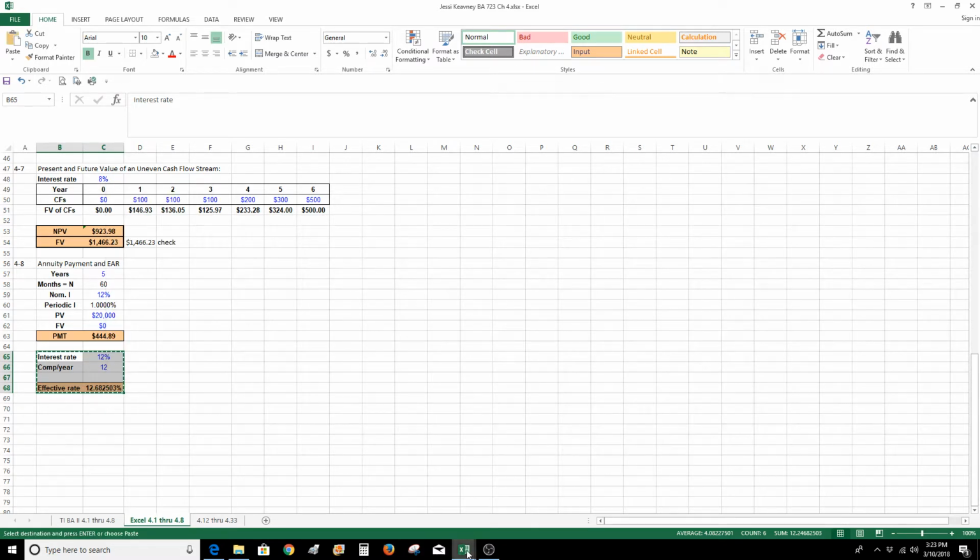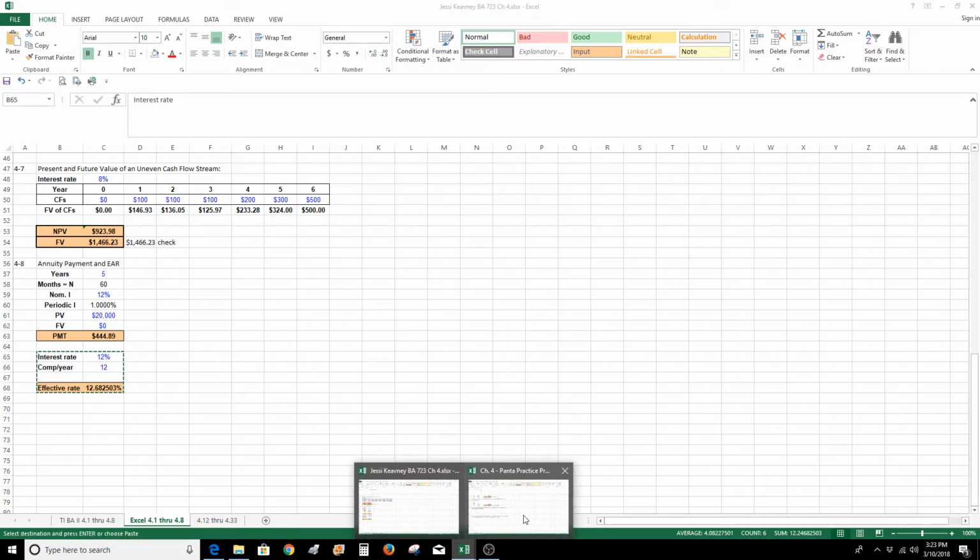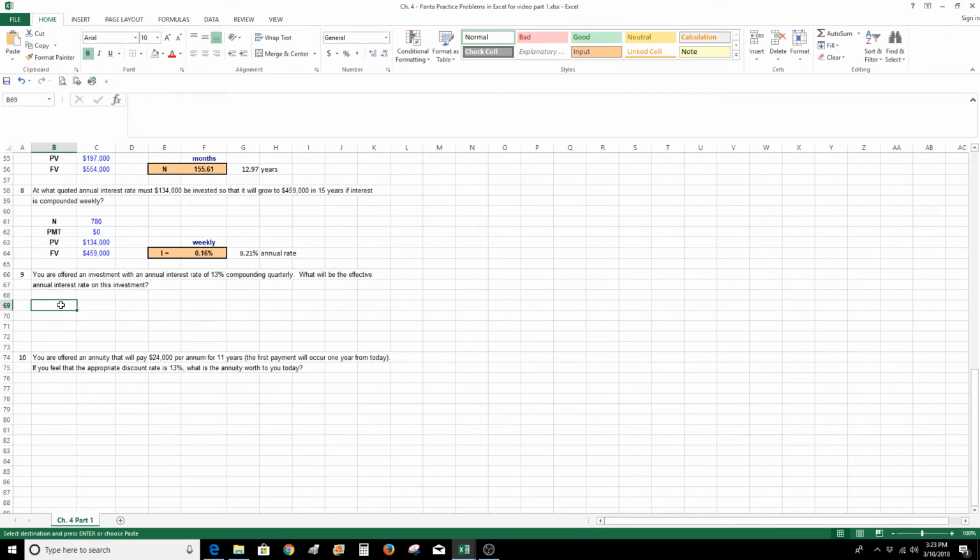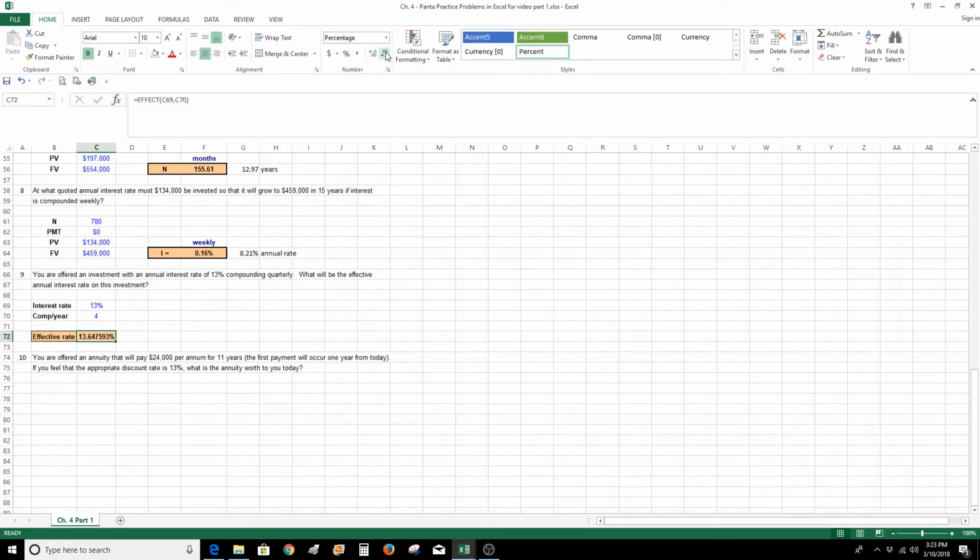This is an Excel template for the effective rate. So if you go find it, right click and paste, saying 13% compounding quarterly, and there's 4 quarters in a year, so that's 4. So the effective annual interest rate is 13.65%.